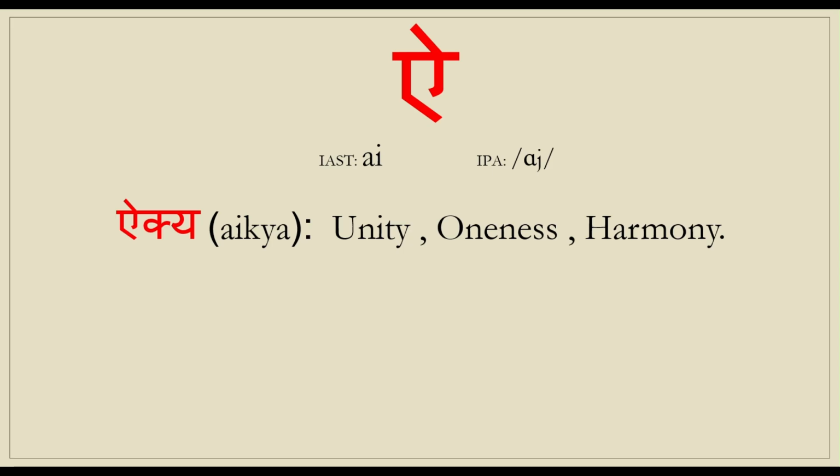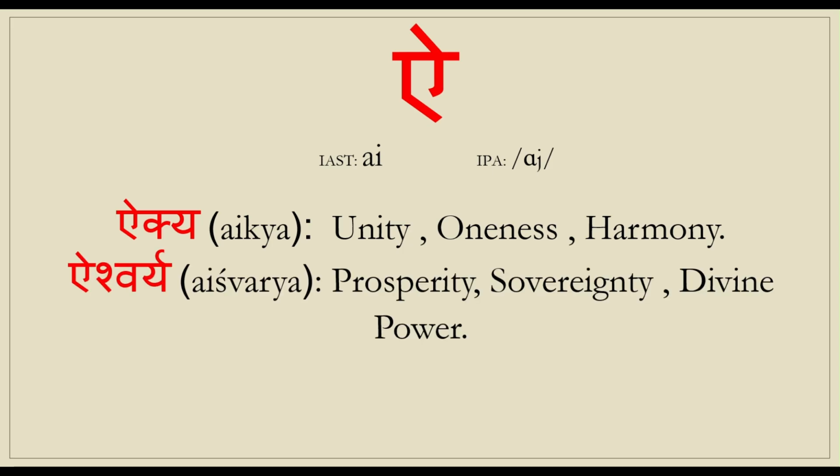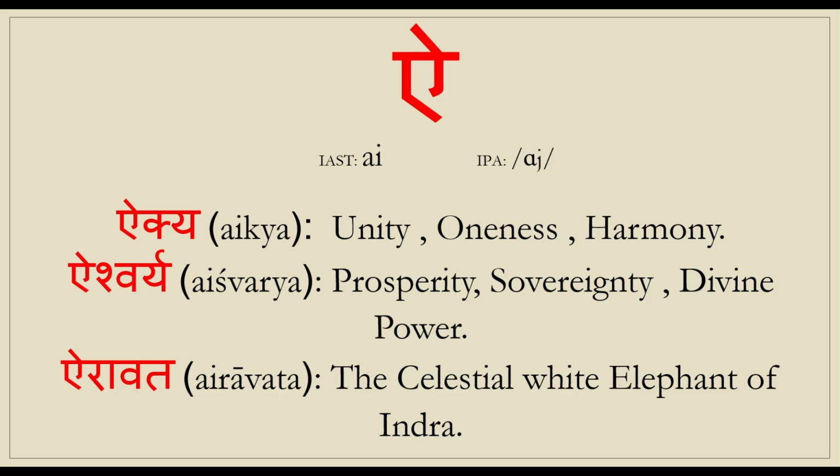The word aiśvarya, which means prosperity, serenity, or divine power, and the word Airāvata, which is the name of the celestial white elephant of Indra. We should pronounce it like ai, not a-i. The first strictly represents a schwa.